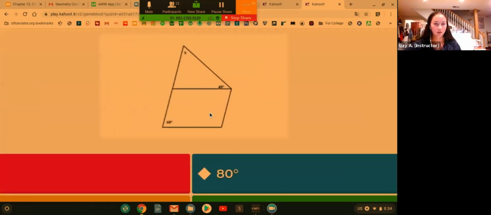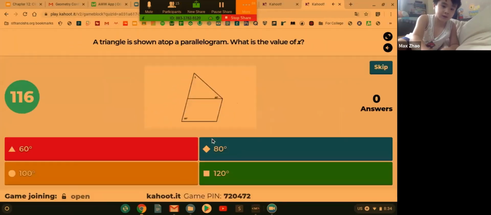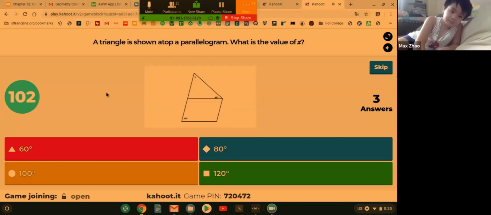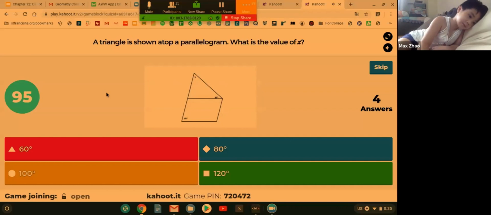Okay. Here is the triangle. X, 40, 60. Okay. Can you just shrink that one? There you go. Yeah, I didn't say it. Still didn't say it. Honestly. I swear to Jesus.